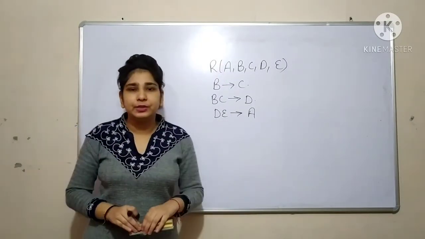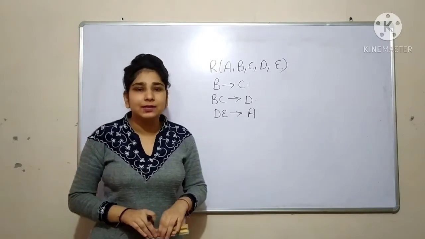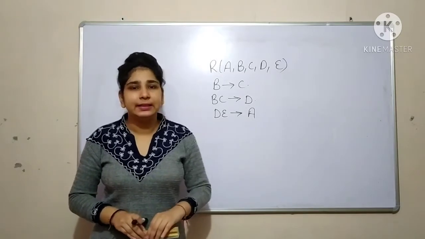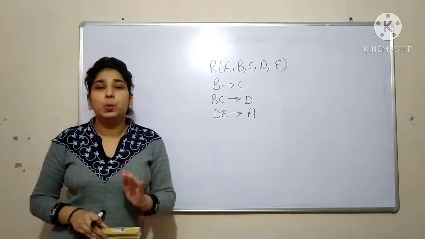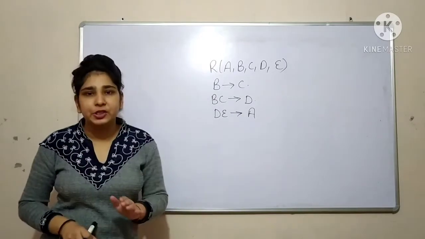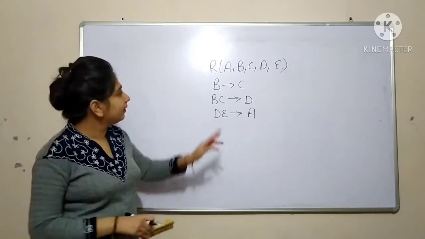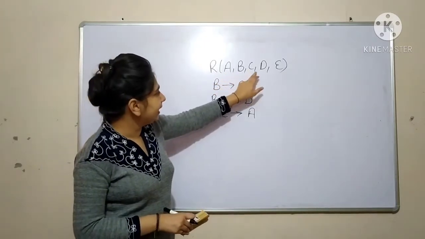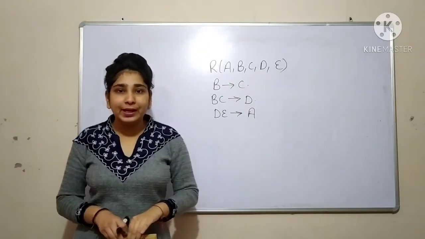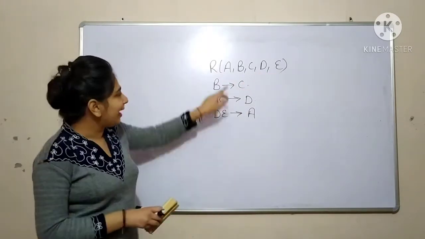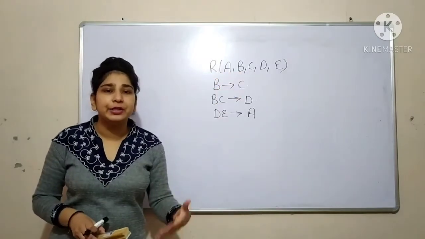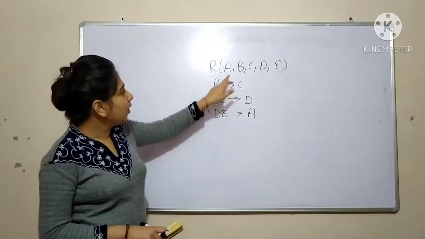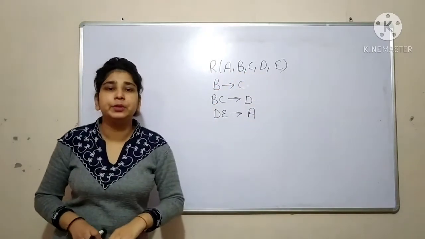So in today's lecture, we are going to discuss one example of finding the candidate key. We are given one relation in which 5 attributes are present: A, B, C, D and E. Just by looking at the attributes, we try to find all the functional dependencies of these 5 attributes.